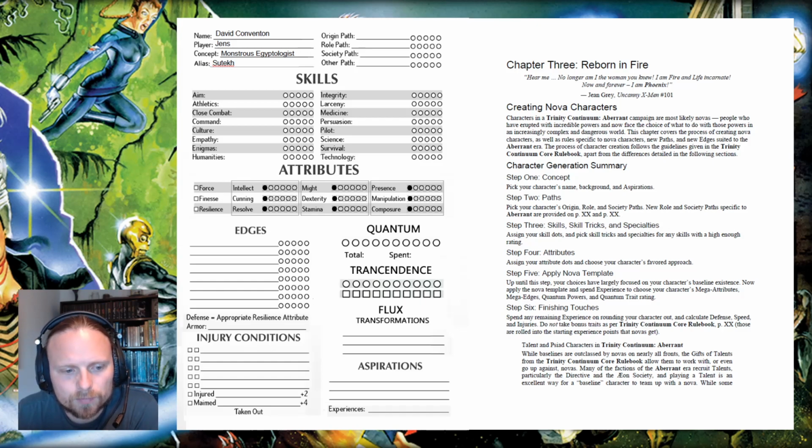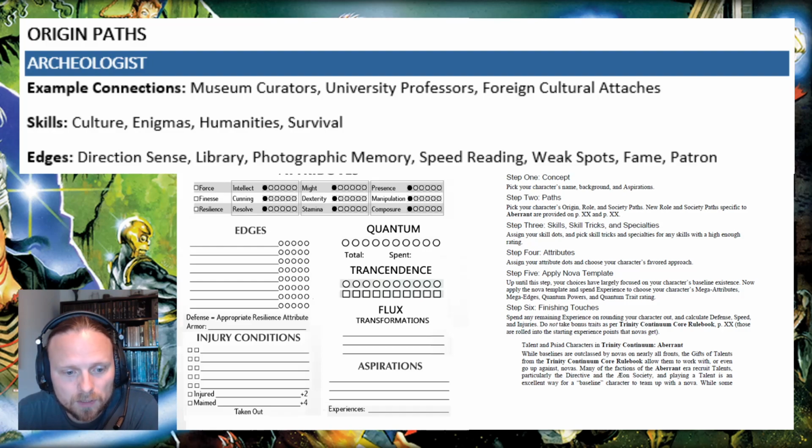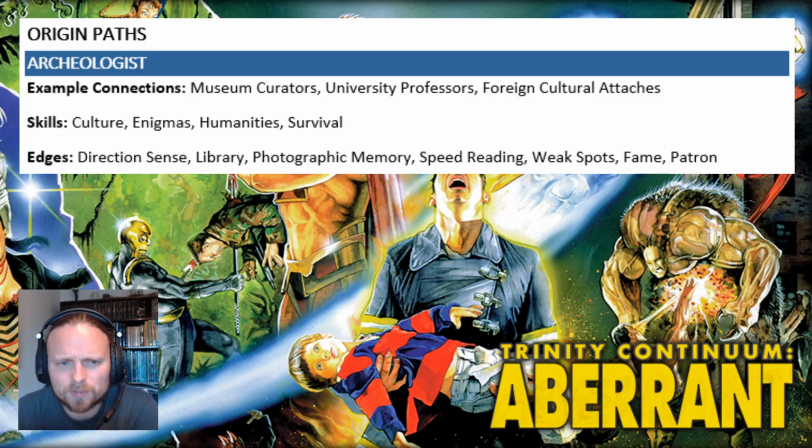So I ended up choosing survival, simply because I was thinking, well, if you're the Indiana Jones type of archaeologist, you're going to go out in the wilderness and dig up ruins and stuff like that. So knowing a bit of basic survival would probably help you, but you could have gone with another skill. That's just the way I rolled.